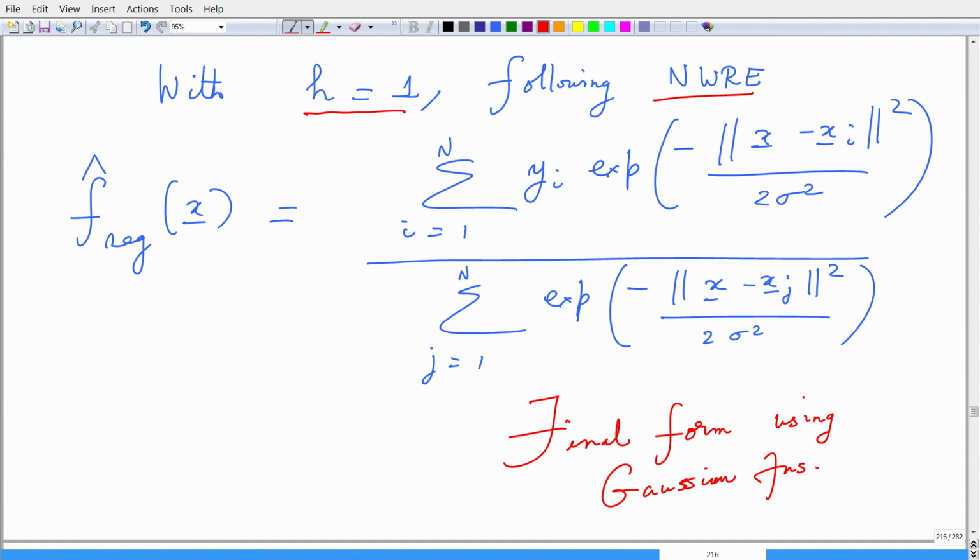So, all I need is this exponential of these terms and then the observations y sub xi.